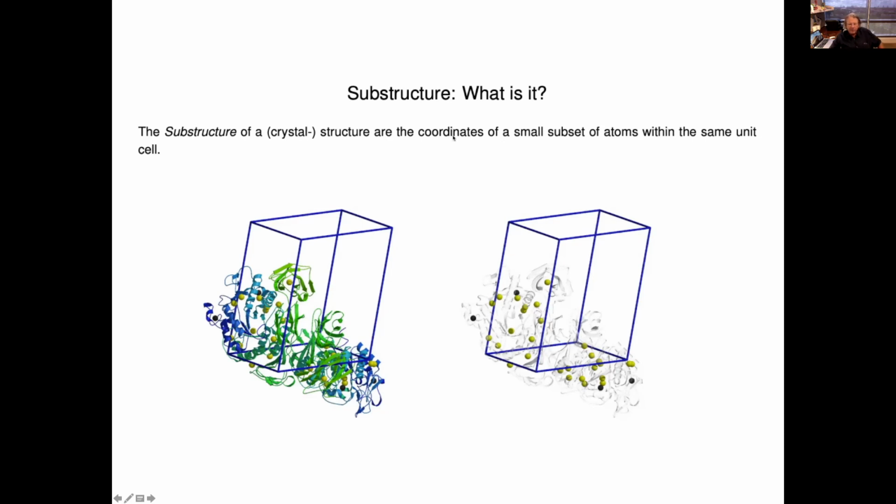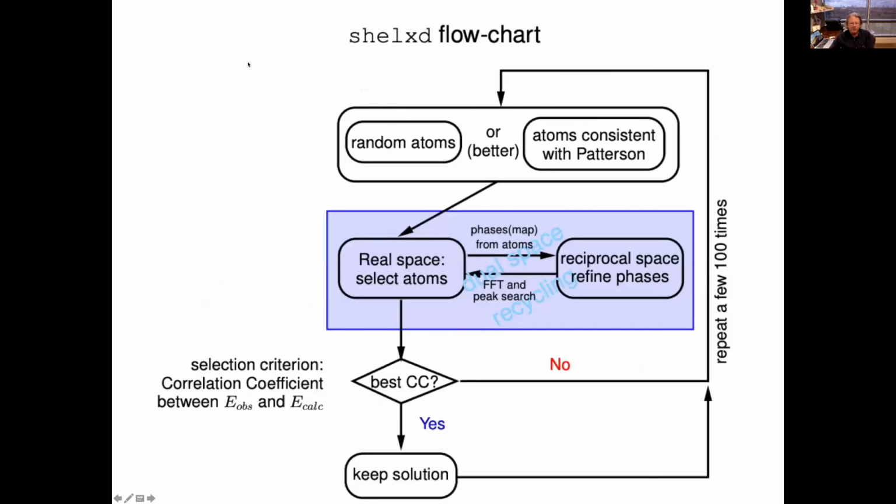So this means direct methods combined with some Patterson methods allow SHELXD for protein crystallography to find where all the heavy atoms are. And that's incredibly useful. This is an important phase retrieval process for finding the heavy atoms in macromolecular crystallography. The flow for SHELXD looks something like this.